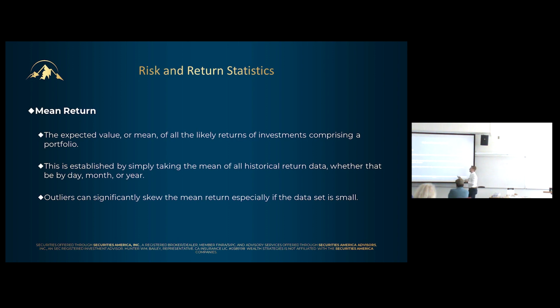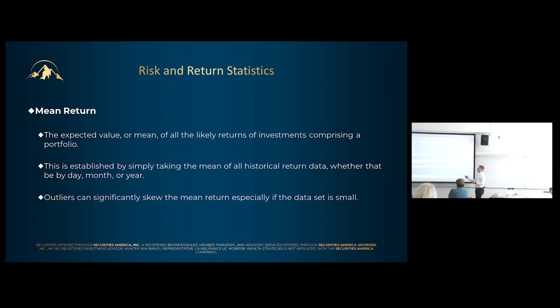This is established by simply taking the mean or the average of all historical return data, whether that be by day, month, or year, whatever the software is using as a period to calculate it. We're just adding all those data points and dividing by how many there are to see what the average return is per year or per quarter.